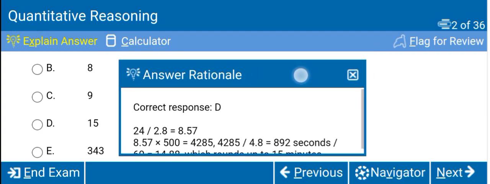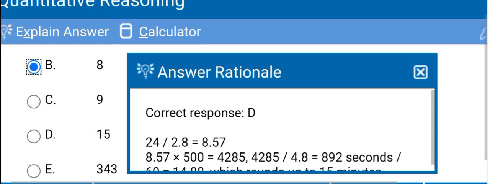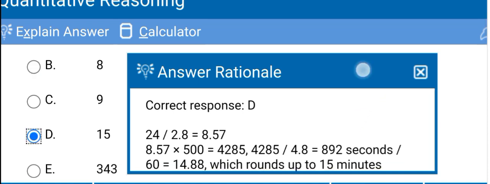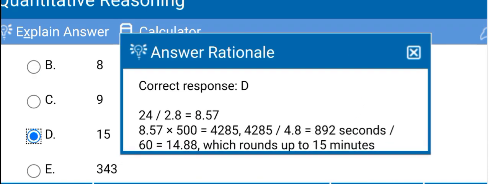So correct response we have option D, that is 24 divided by 2.8 equals 8.57. 8.57 multiplied by 500 equals to 4285. So 4285 divided by 4.8 equals 892 seconds.